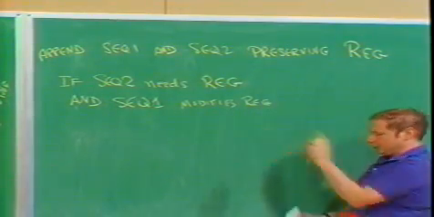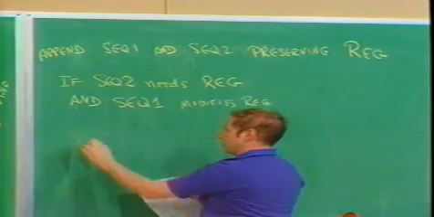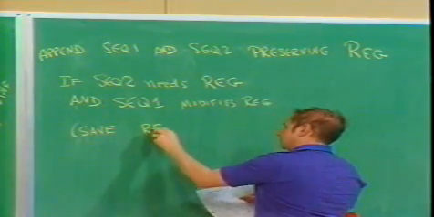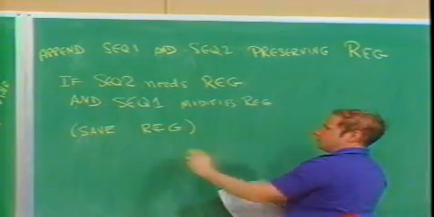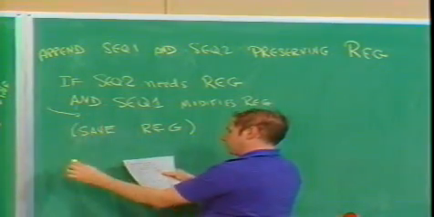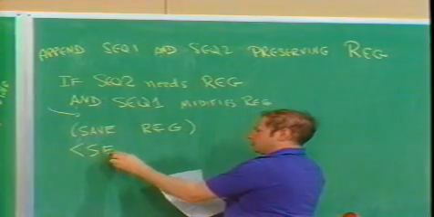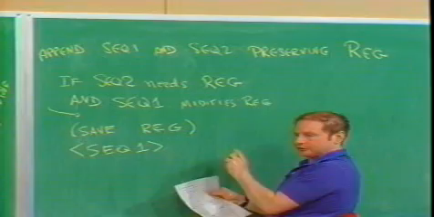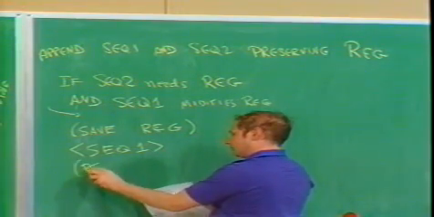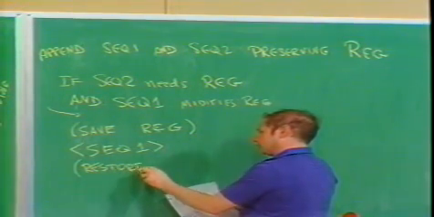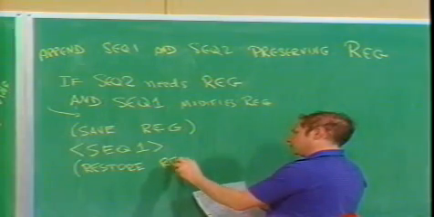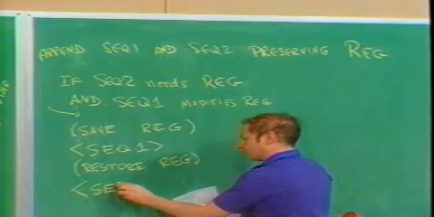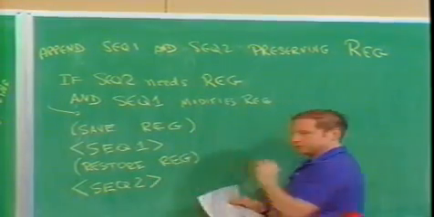then the instructions that the compiler spits out are: save the register, then you put out the recursively compiled stuff for sequence 1, and then you restore the register. And then you put out the recursively compiled stuff for sequence 2.